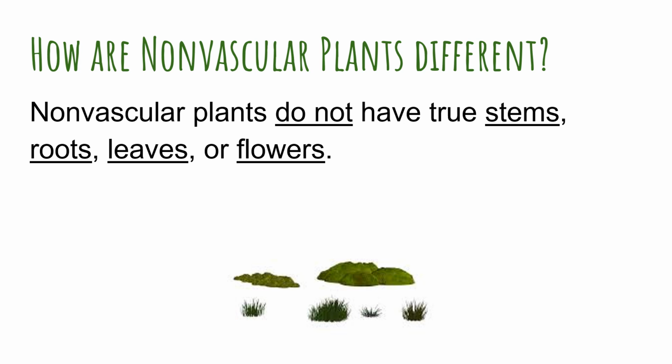So, non-vascular plants, this is the one to write down for your notes if you're doing the printed off version. Non-vascular plants do not have true stems, roots, leaves, or flowers. None of those organs that thrive from water being transported to them would be the case for non-vascular because they don't have the ability to transport that water to them.